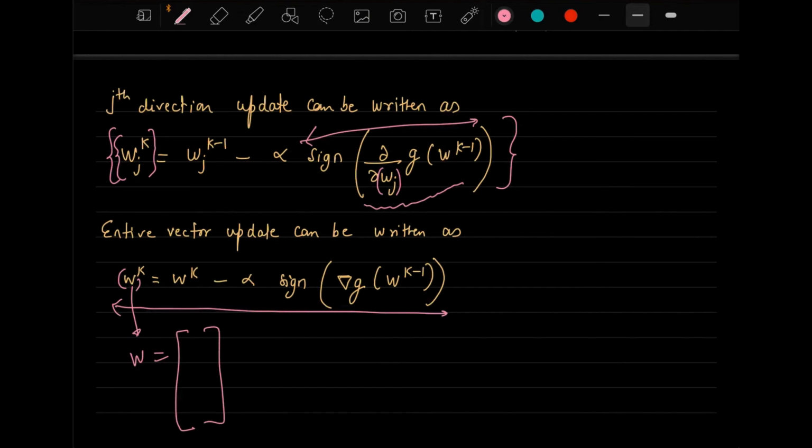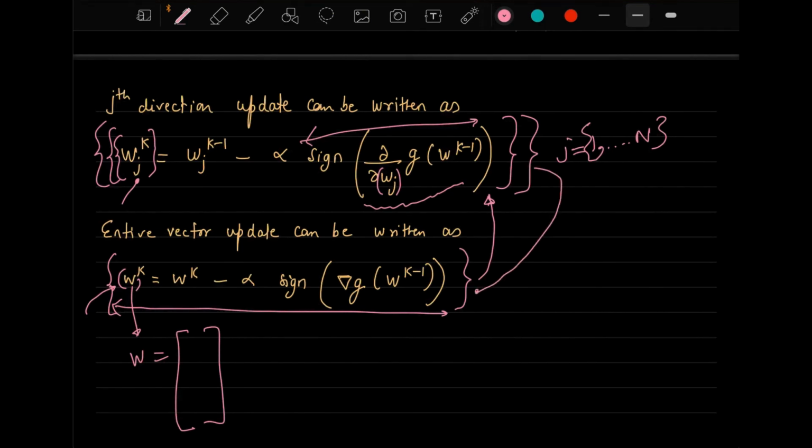So this is the jth component which is getting updated using this expression, and when you incorporate all of these components into a single vector w, this is the single update that I am writing for all the equations, for j running from 1 to capital N. So when you take all these expressions into a single vector notation, you will get this.